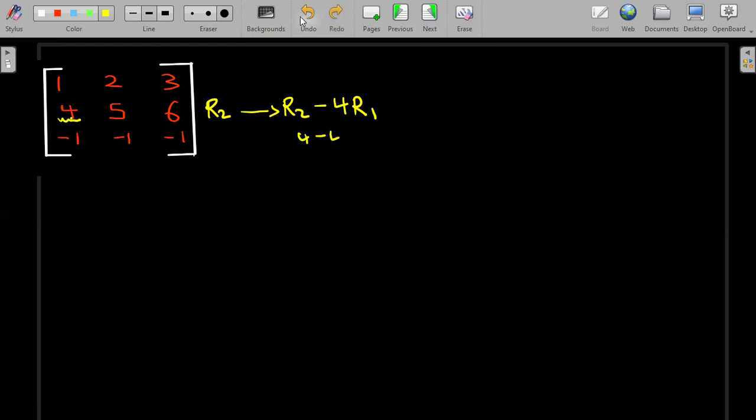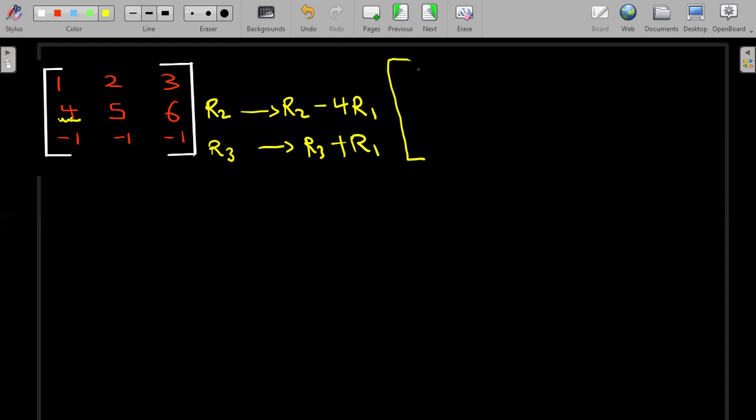And then row 3 is going to become this. Row 3 there is minus 1, and on top there I have 1. So I just have to add row 3 and row 1 to make this minus 1 to be 0. So I'm just going to say plus row 1 here. So what we're going to form now will be this.